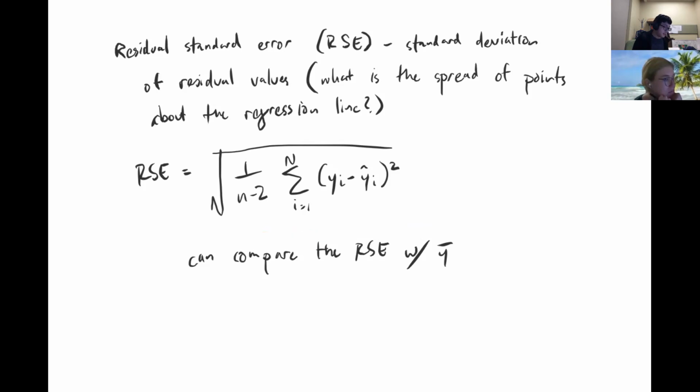And so when you compare the spread of the points about the line against the points minus the y bar, which would be the denominator of the R squared, you are essentially saying whether or not the spread of the points about your prediction is really different from the spread of the points about your y bar.